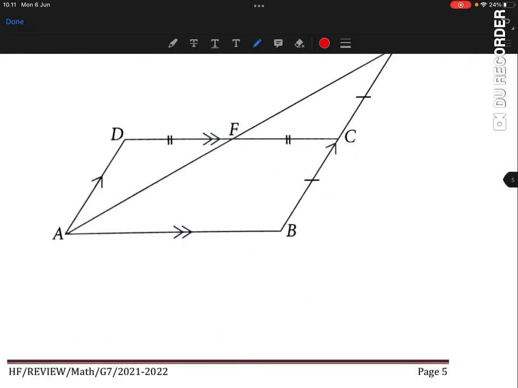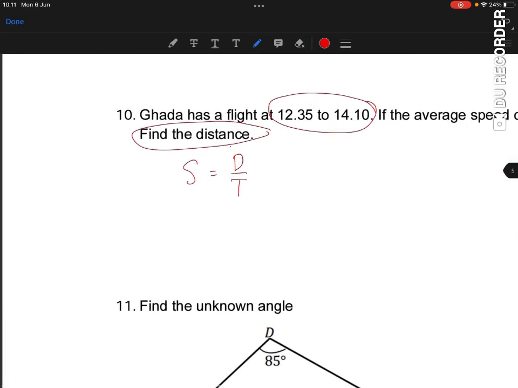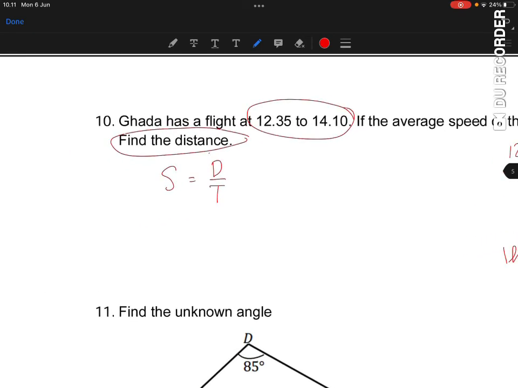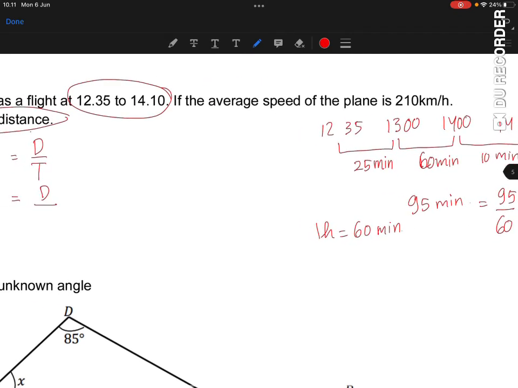Okay. After that, the speed here. Move on to this again. The speed here is 210 km per hour equals to the distance we need to find. The time we got earlier, how much? 95 over 60 minutes.